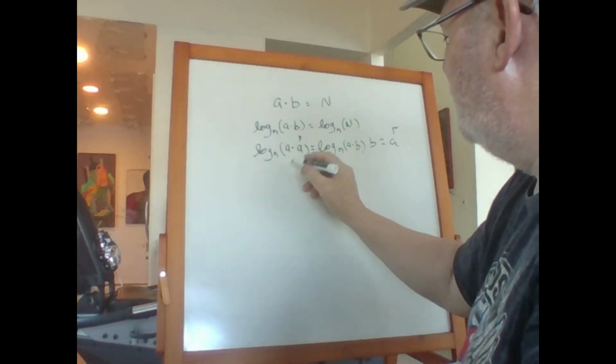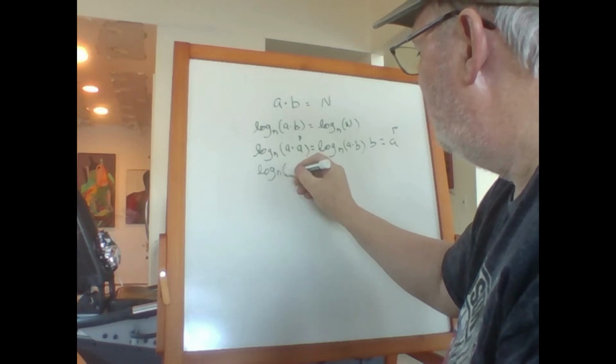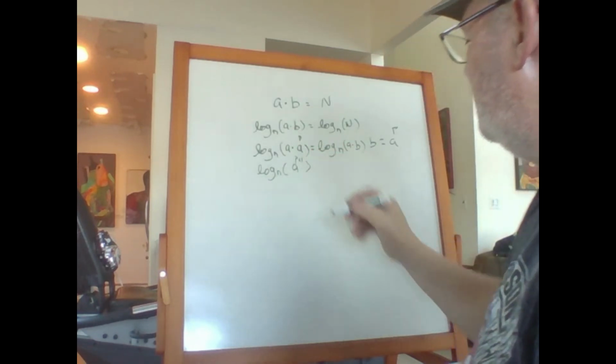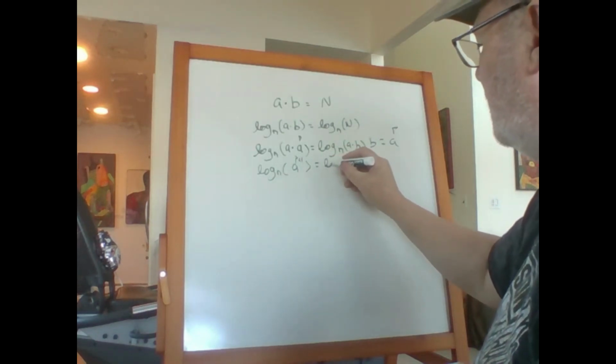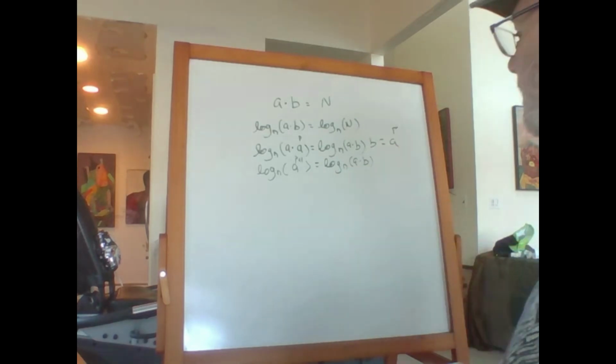So this is by the law of exponents of a to the p plus 1 equals log n of a times b.